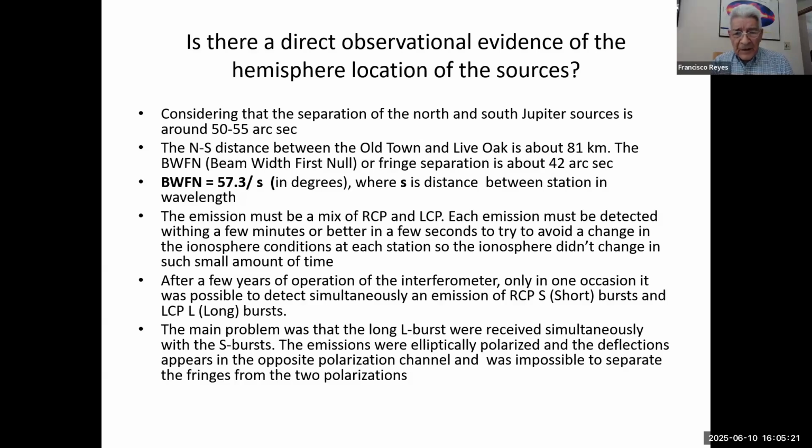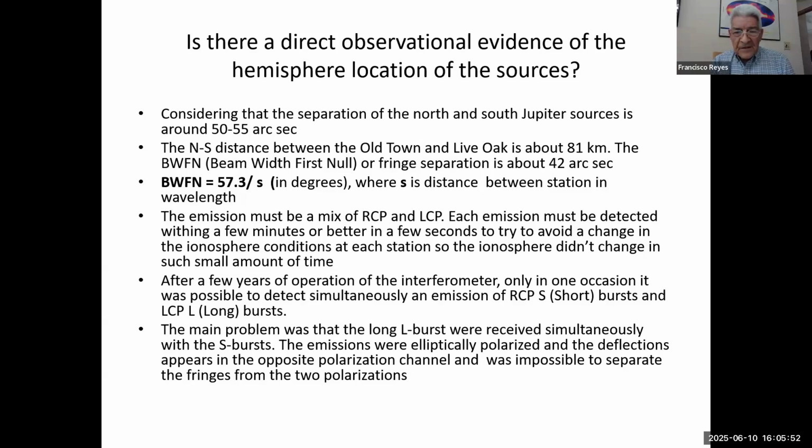So you have to receive a mixture of right-hand and left-hand polarization, and that emission has to be received in a very short time, if possible within a few minutes or even a few seconds, to avoid any changes in the propagation through the terrestrial ionosphere at each one of the stations. In a very short time you need that.